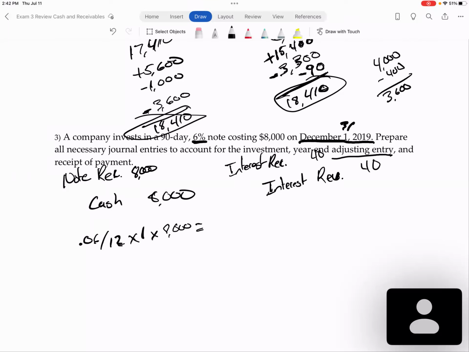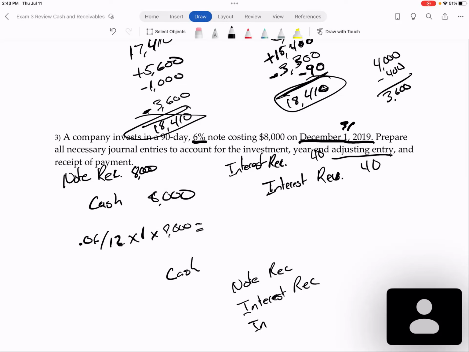And then the next thing we need to do is when they actually pay us. So when they pay us, they're going to pay us cash. We're no longer going to have a note receivable. See, I'm just kind of reversing all this stuff. We're going to no longer have interest receivable. They're paying us. And we are going to have some more interest revenue, right?